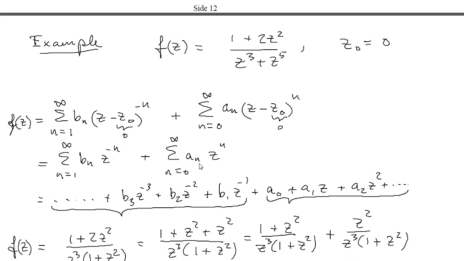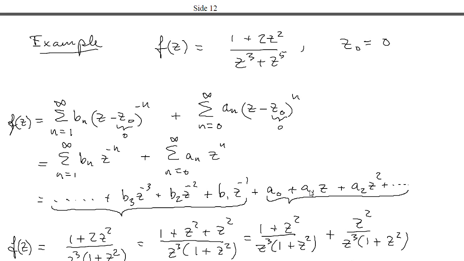This series we can obtain in the same way. The first term is just a0 times z to the power of 0, but z to the power of 0 can be replaced by 1, and then the first term is just a0.